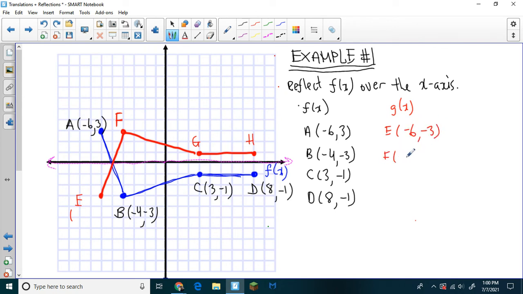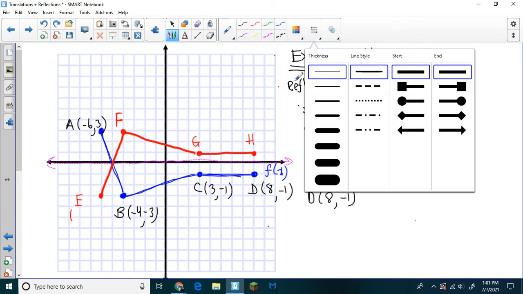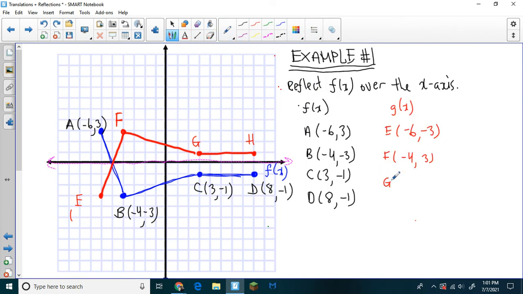So F is going to be (-4, 3). It's going to be the opposite of B. G is going to be (3, 1). And H is going to be (8, 1).